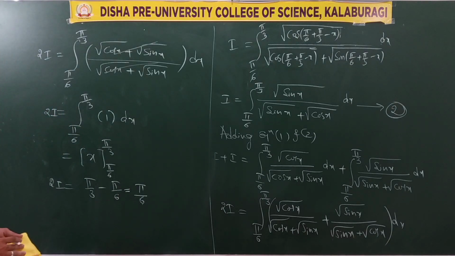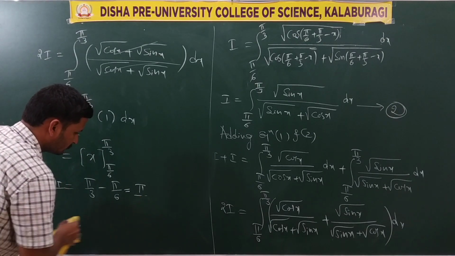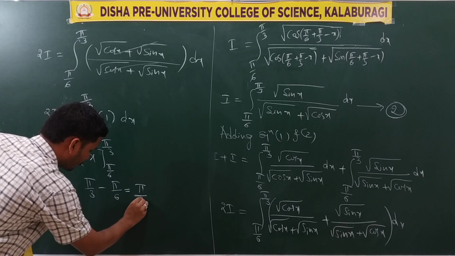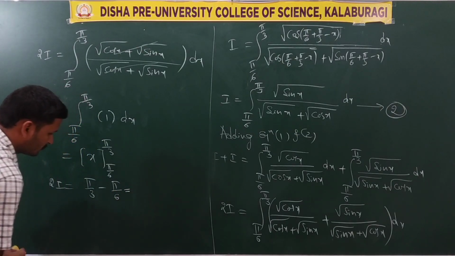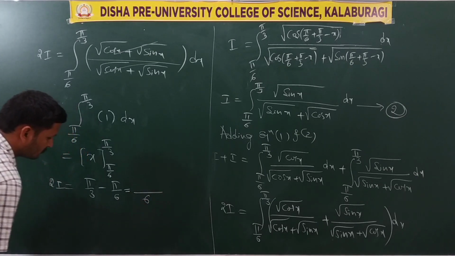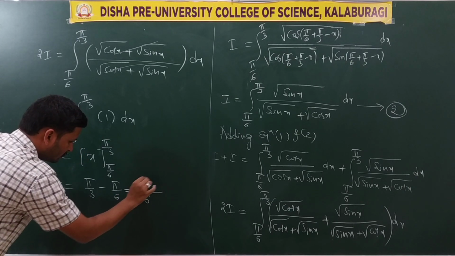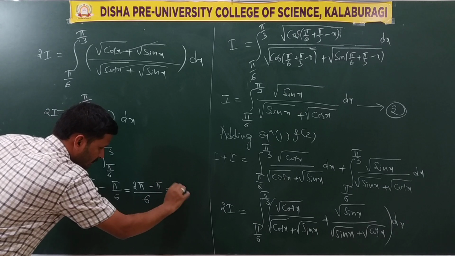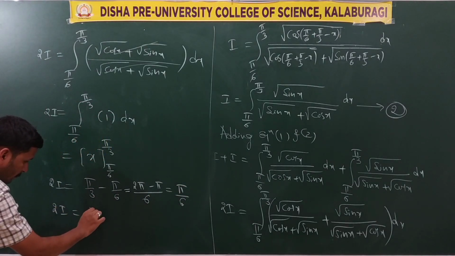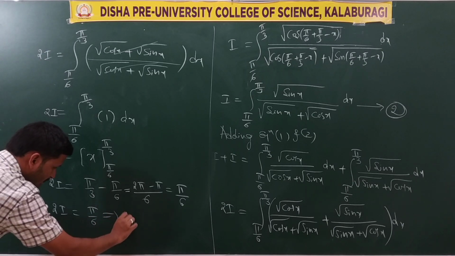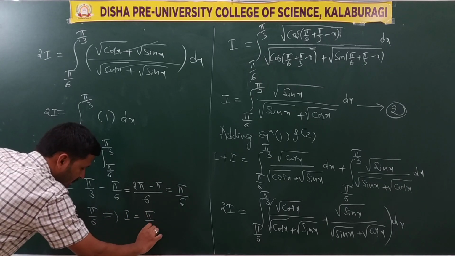Here the LCM is 6, so 2 pi minus pi, that is pi by 6. So now 2I is equal to pi divided by 6, which implies I is equal to pi divided by 12.